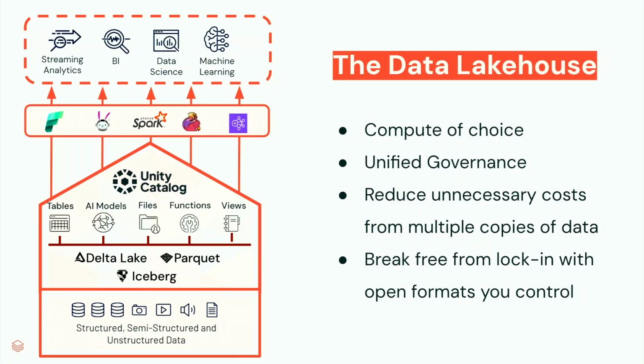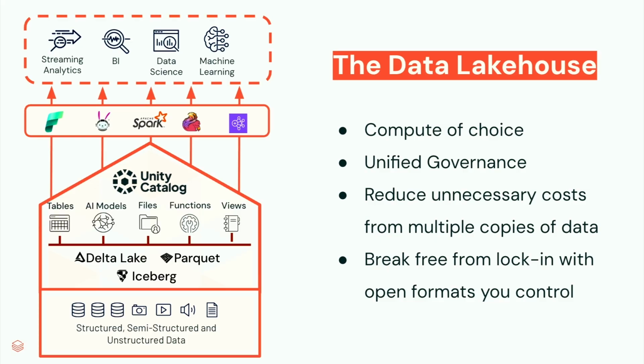So what Databricks came up with, going back a few years ago, is this data lakehouse architecture. The idea behind this data lakehouse architecture is that we have different layers focusing on different parts of the stack. At the very bottom of this diagram, we have your structured, semi-structured, and unstructured data sets sitting in object storage. So think your Parquet files, your CSV files.